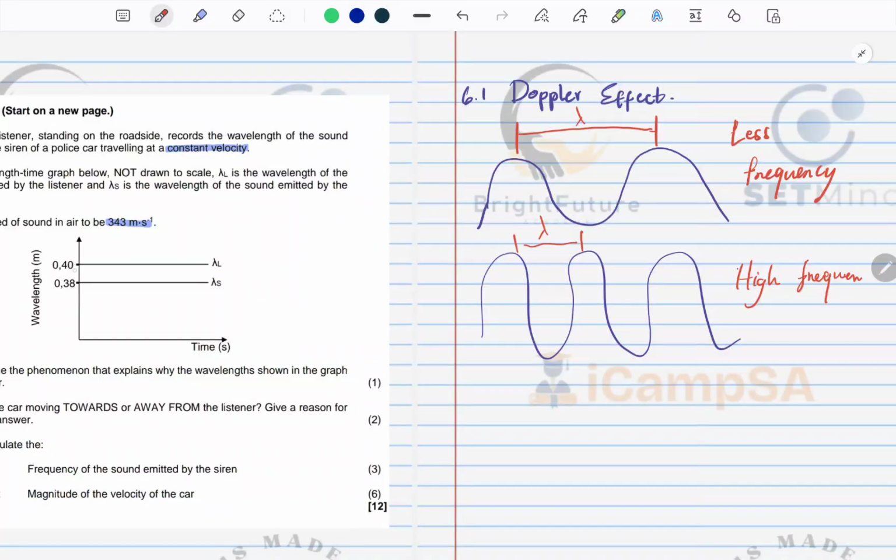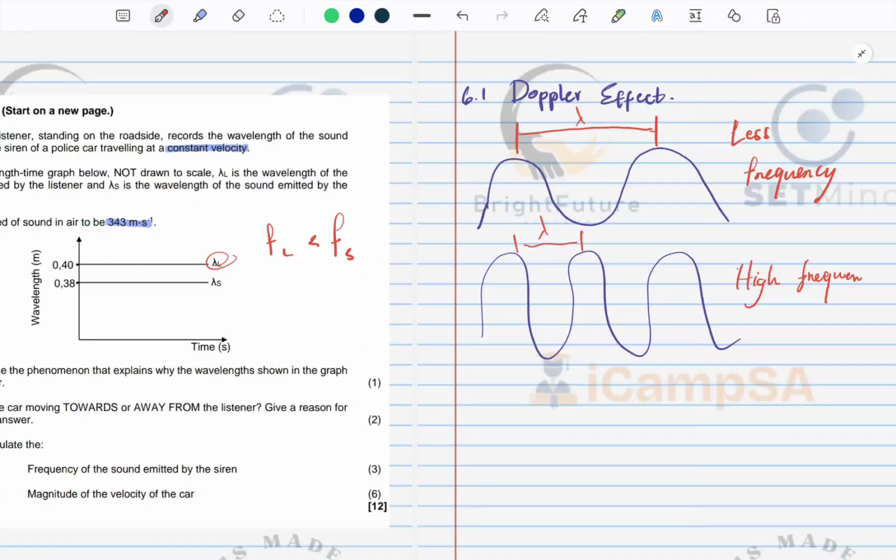So now that means this listener is getting less frequency. The frequency of the listener is actually less than the frequency of the source. Using only these two graphs, I can already see that the source has a bigger frequency, whereas the listener is receiving less frequency.